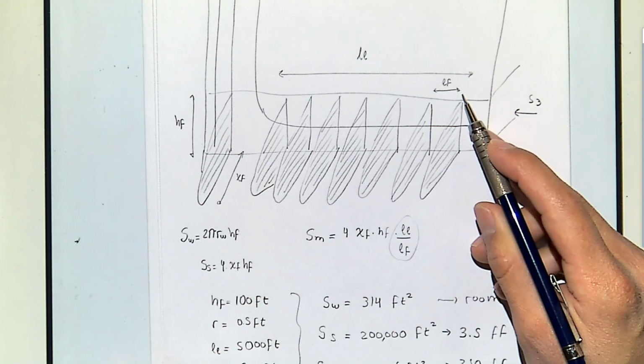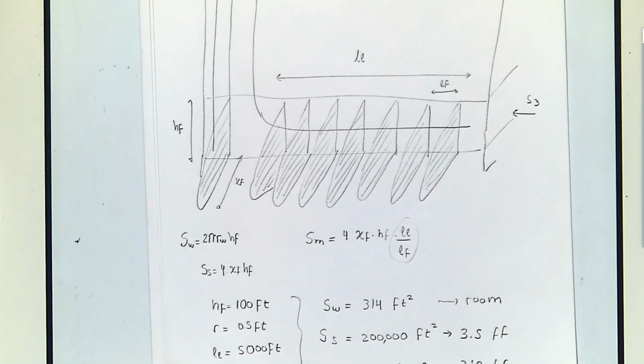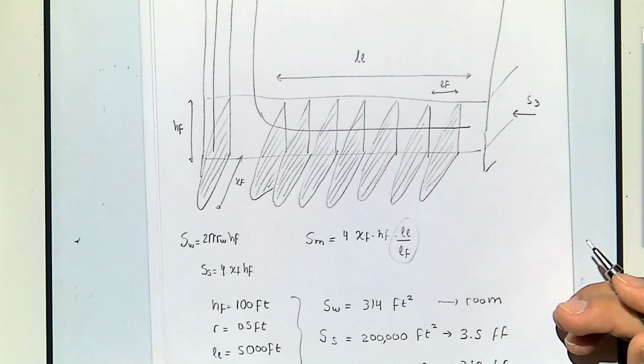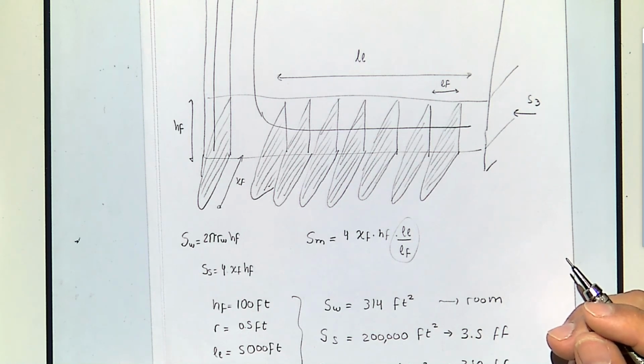So in principle, if you had these fractures more closely spaced, you will have more surface area. But what is going to be the problem with having too many fractures?